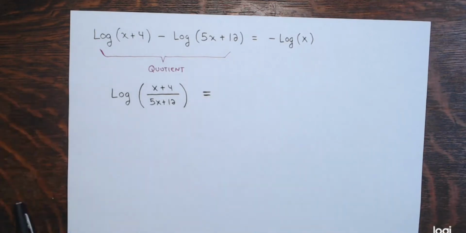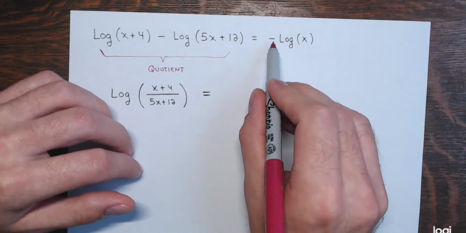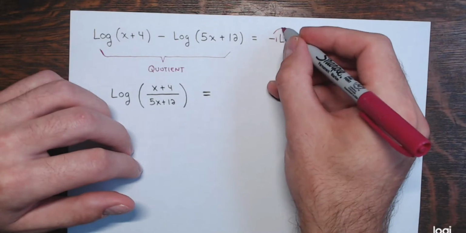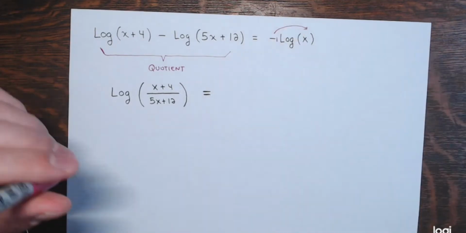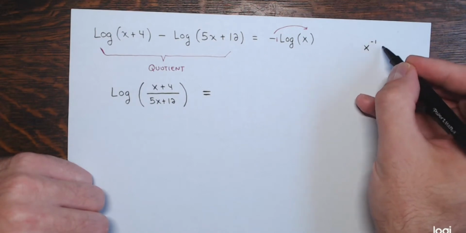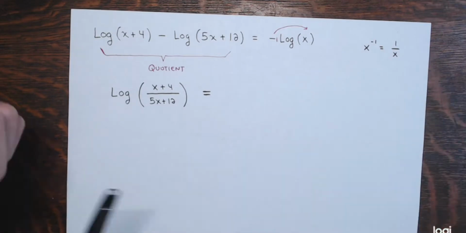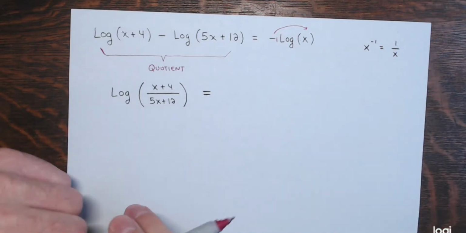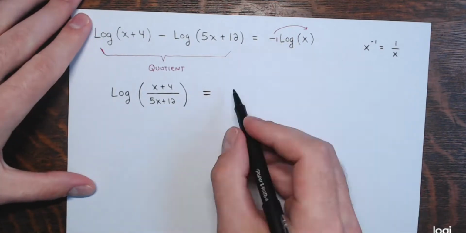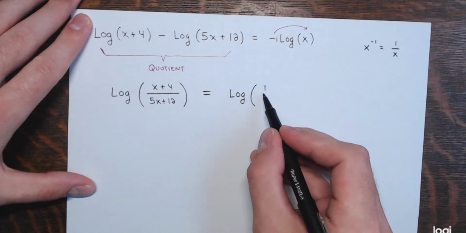The right side has the log of x, fine, but there's a negative 1. Technically this would be negative 1 in front. So I could put that in as a power. And off to the side, just remember that x to the negative 1 would be the same thing as 1 over x. So the right side, after using the power property, is the log of 1 over x.